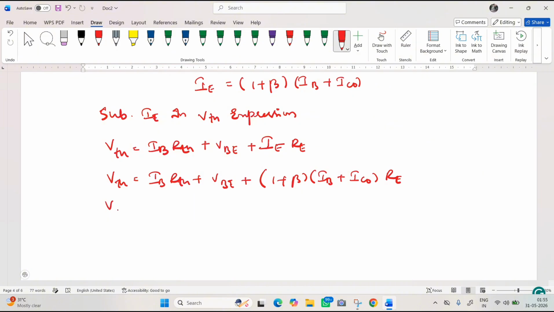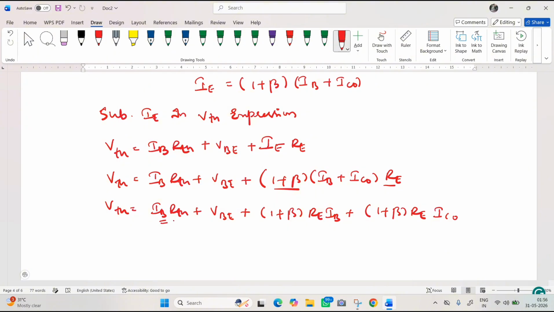Then it will become VThevenin equals IB into RThevenin plus VBE. I'm multiplying this 1 plus beta and RE into this one. Then it will become 1 plus beta times RE into IB, right? At the same time, 1 plus beta times RE into ICO. Like this, I'll get it.